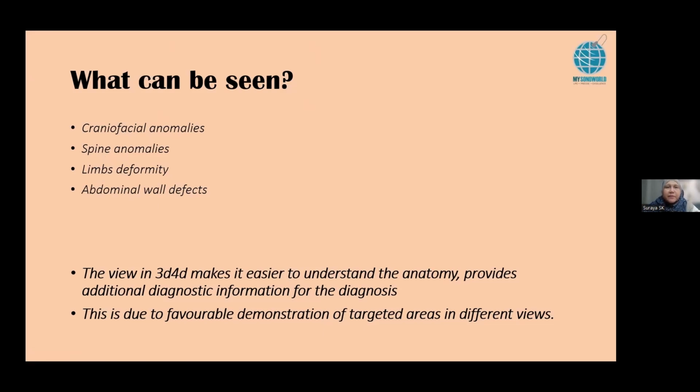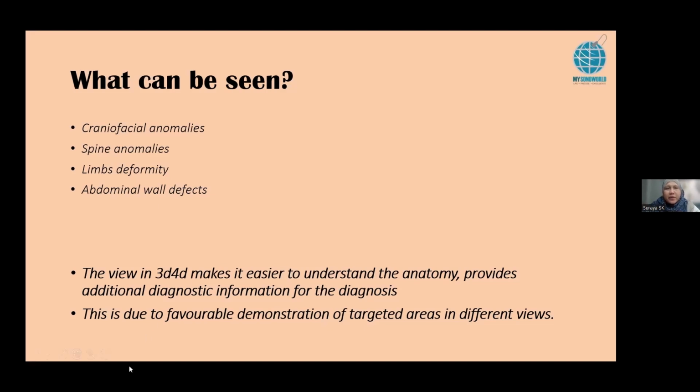So basically, why is it nicer? The view in 3D, 4D makes it easier to understand the anatomy of the diagnosis. When you already do your 2D, you should be able to have a bit of a diagnosis already. You should already know, okay, there's something going on here, and this is where I want to see more. And that's where you do your 3D, 4D.